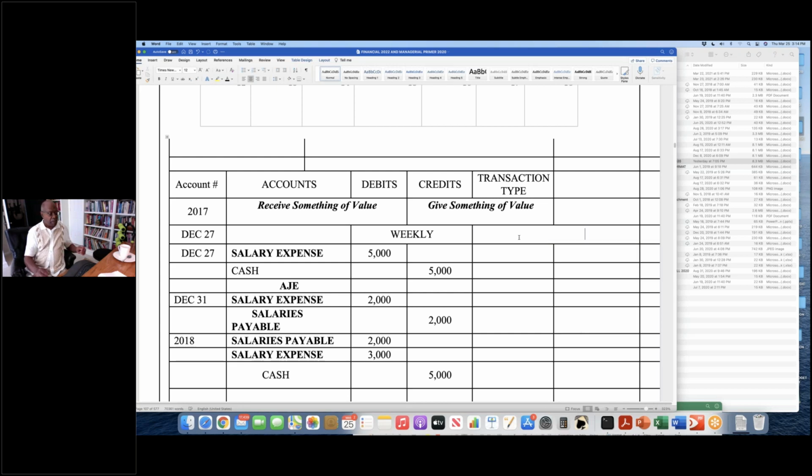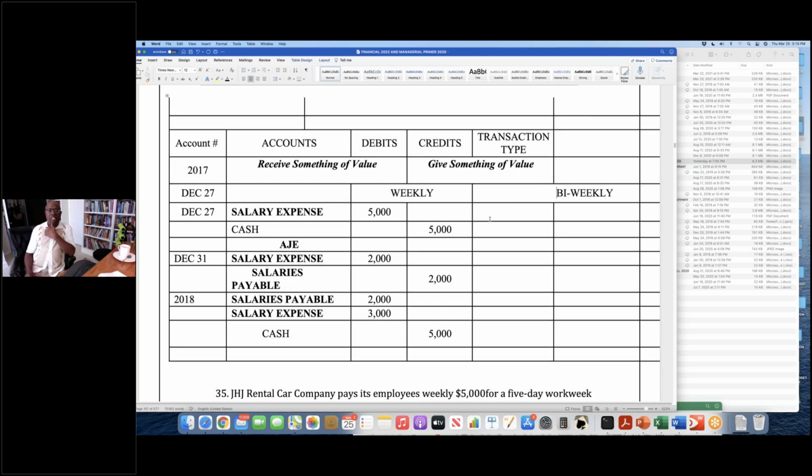So now I want those numbers if it's bi-weekly, so that way you have a comparison. If the numbers are bi-weekly, what's it going to look like? How would these numbers change, if at all, if we were paying bi-weekly rather than weekly?